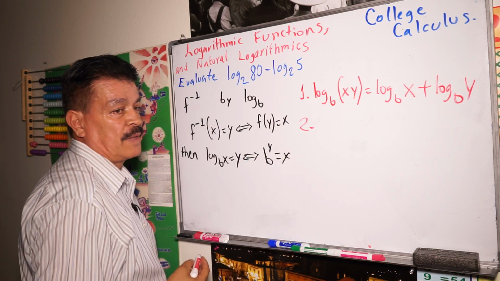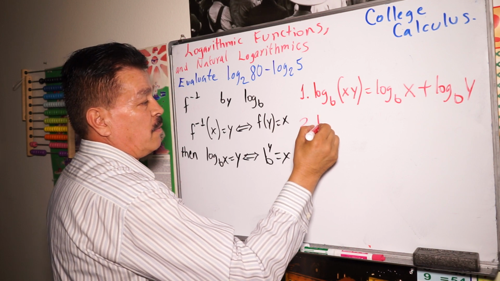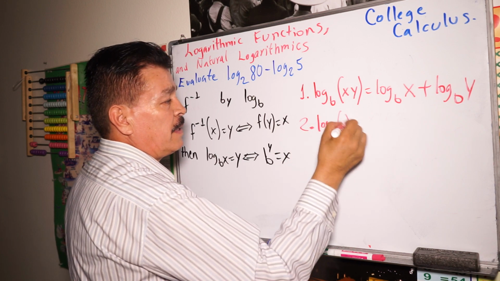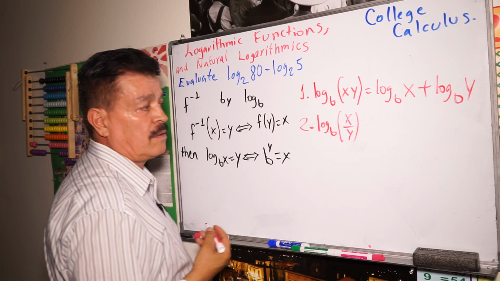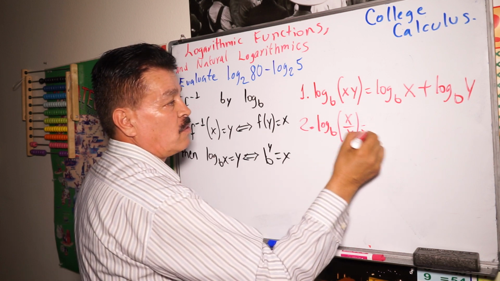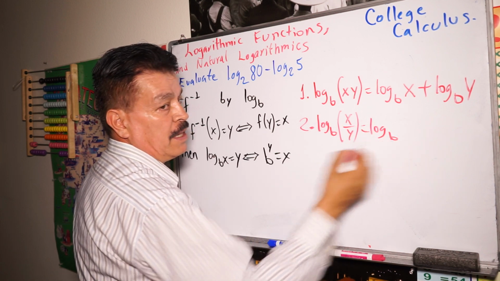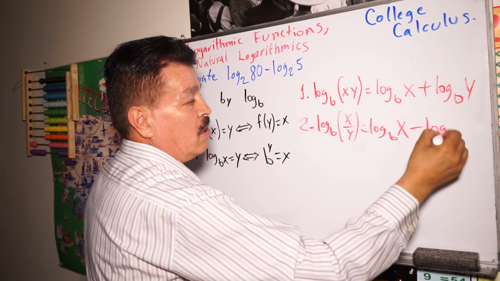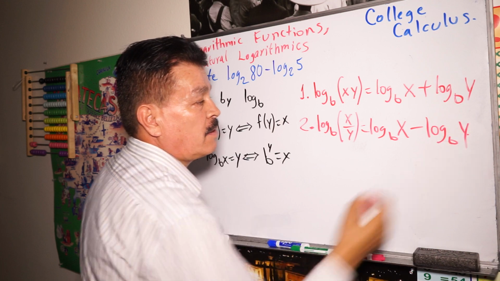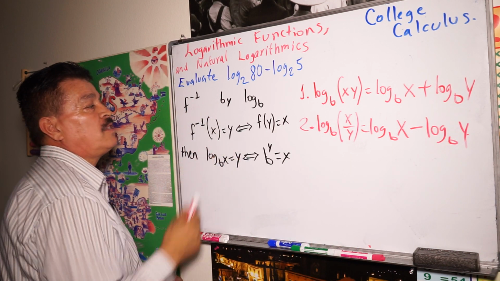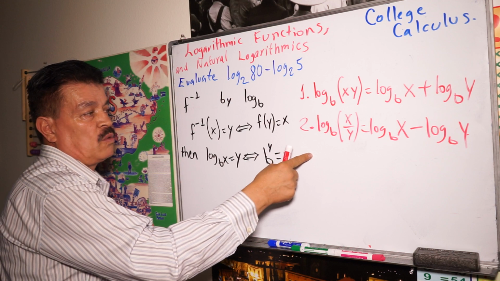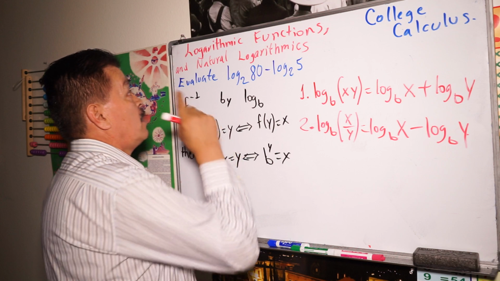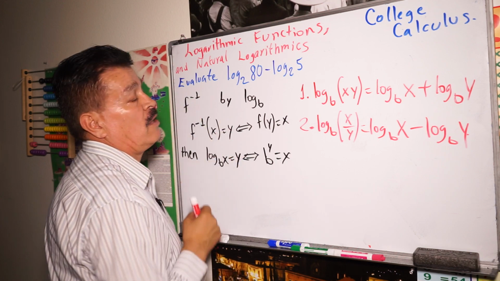The second one: log b of x over y, or x divided by y, is going to be log b x minus log b y. So pay attention to that. These are the rules that you must remember before solving these problems on logarithmic function and natural logarithms.